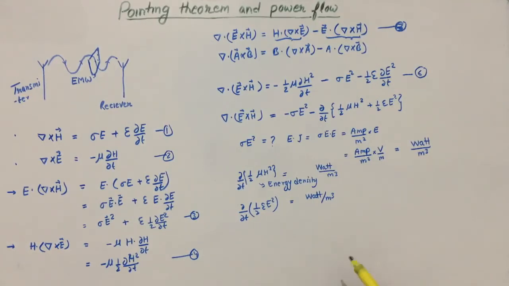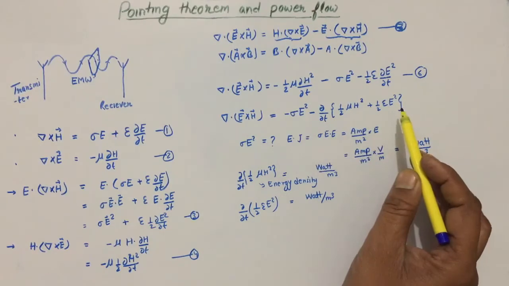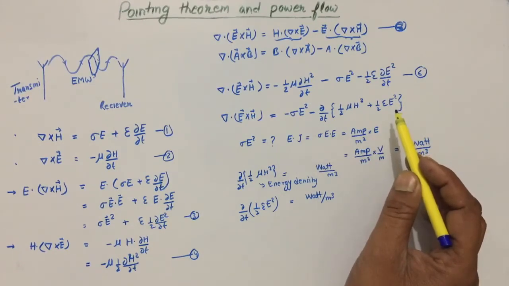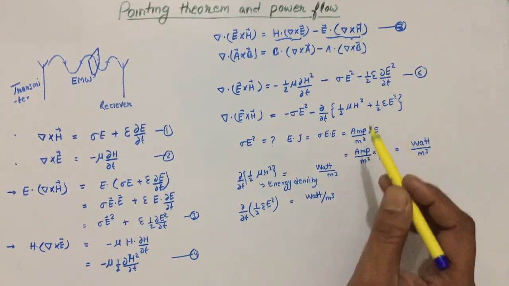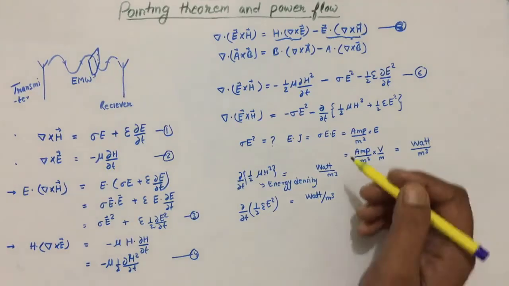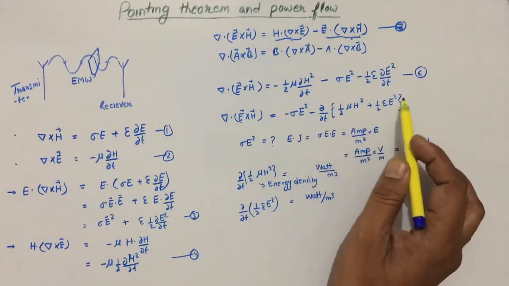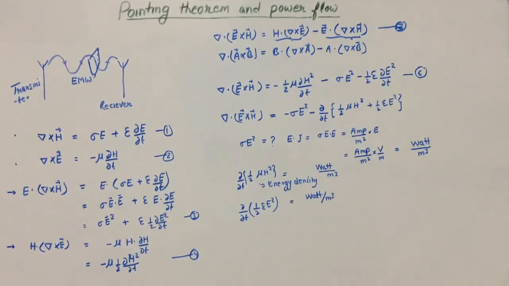We find that on the right side we have the power density terms, and if we integrate over a given volume, then we will get power. On the basis of general understanding we can say this. So if we integrate over a given volume, that will give us power.